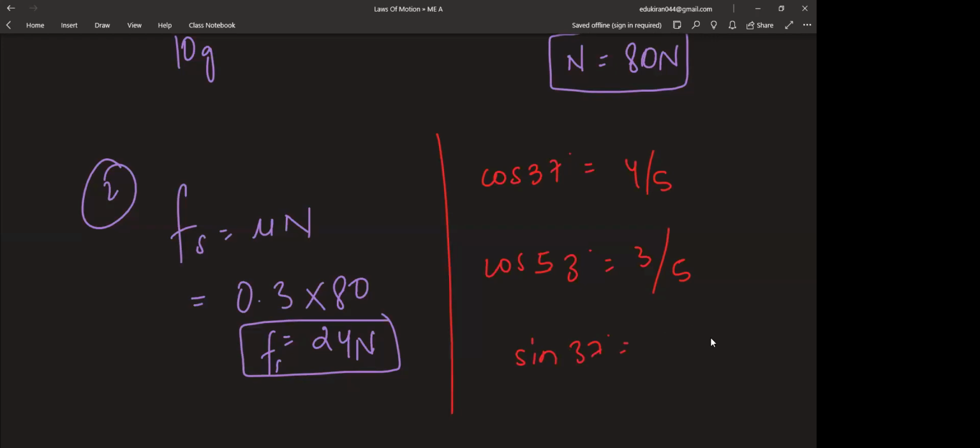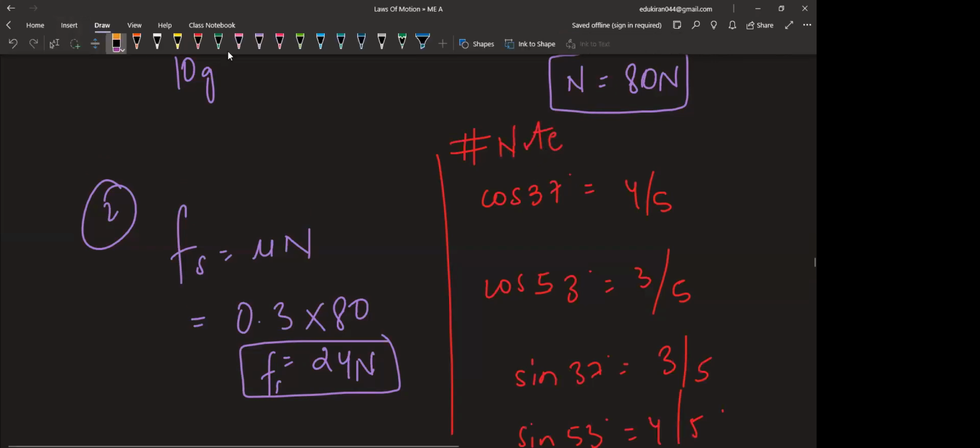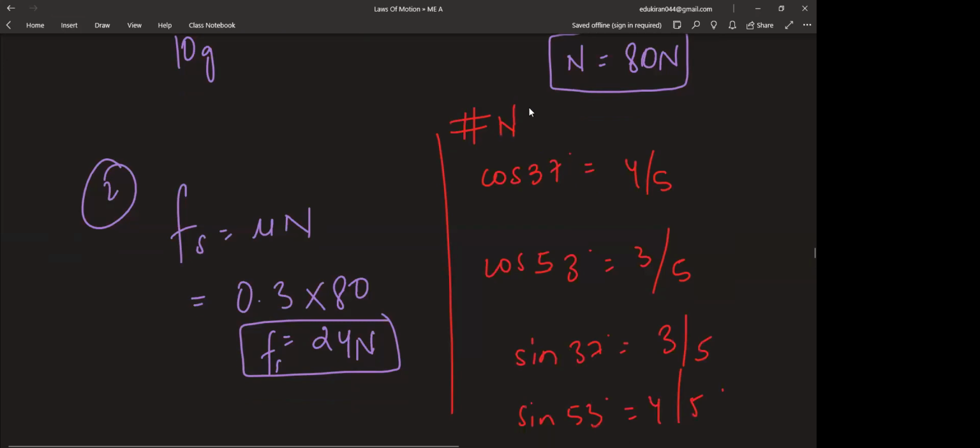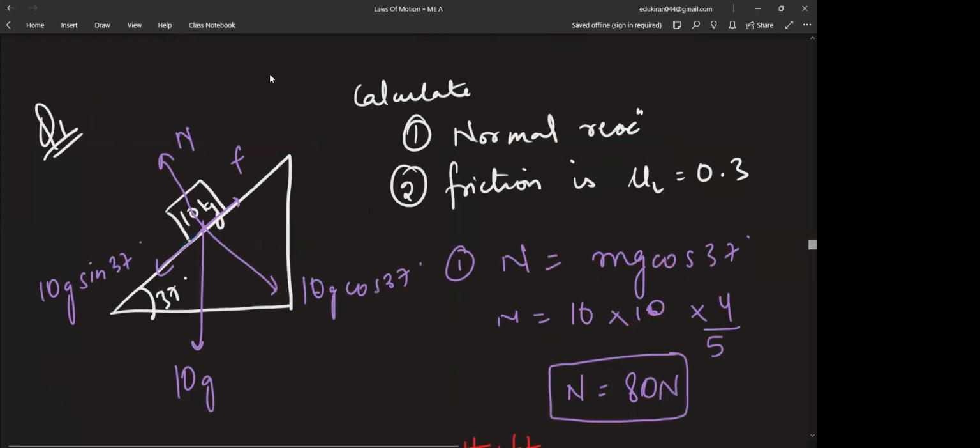So just learn these values. Make a note and learn them, because most inclined plane questions I have seen use cos 37, sin 37, cos 53 and sin 53. Write it.